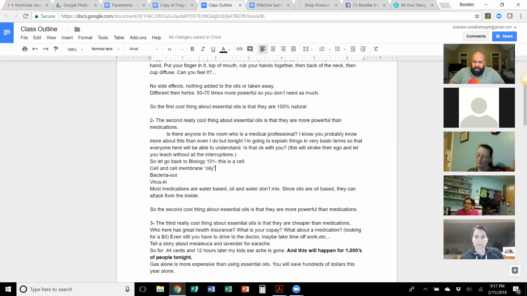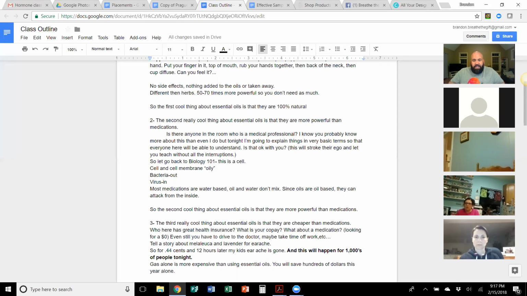You know, bacteria live on the inside, bacteria live on the outside, viruses live on the inside, and most of your medications are actually water-based, and we know that oils and waters don't mix very well. So the medications are not able to penetrate into that cell and take care of those viruses. It can only take care of the bacteria on the outside.